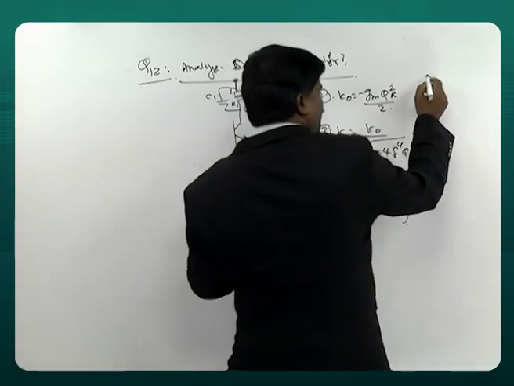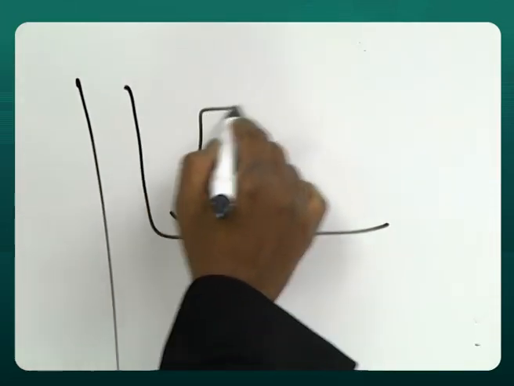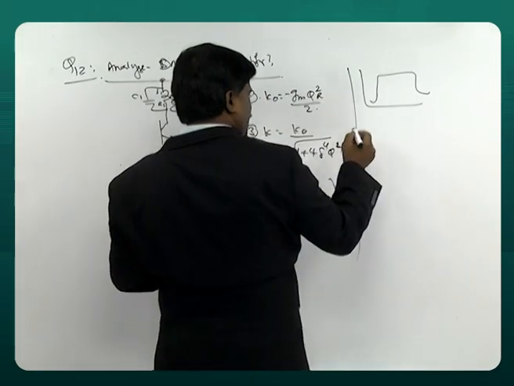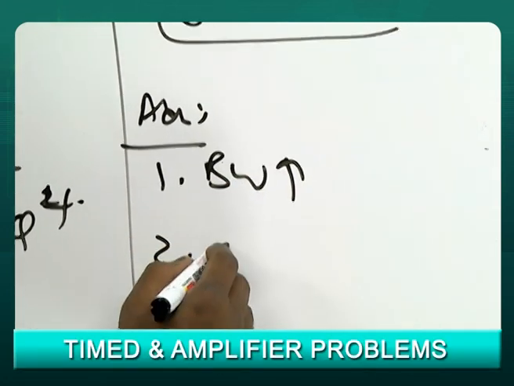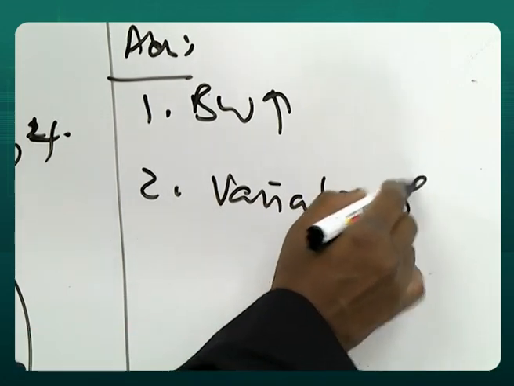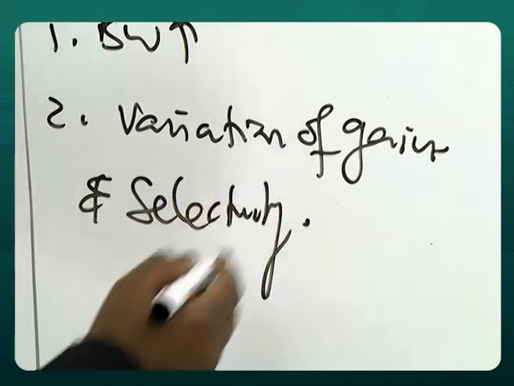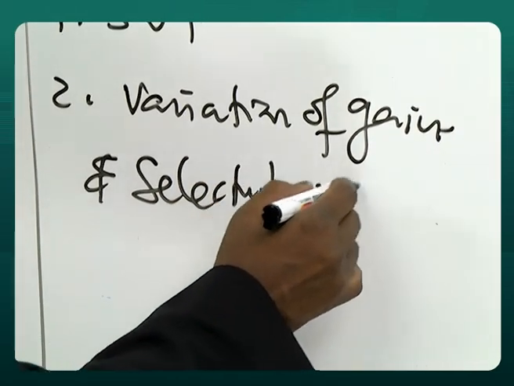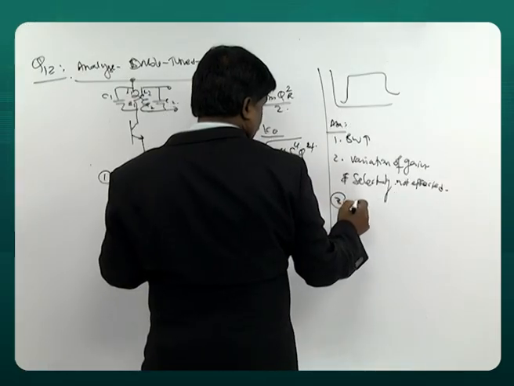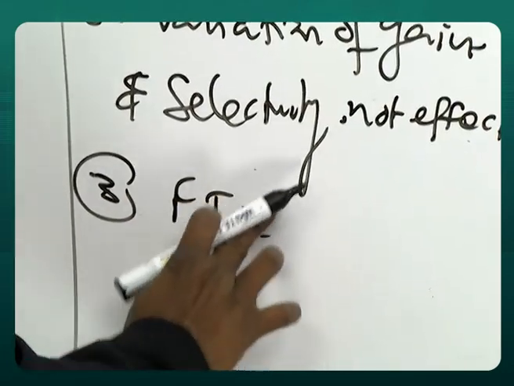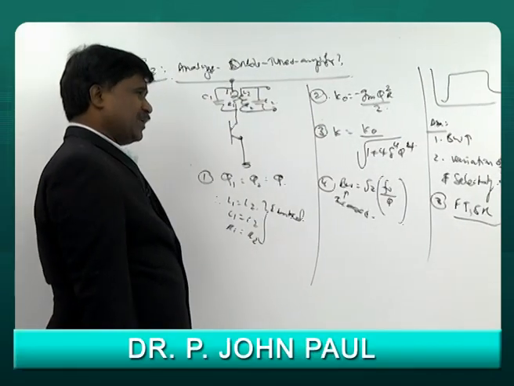And if you see the shape of the curve, it is like this. Therefore, advantages: bandwidth is more, variation of gain and selectivity not affected, flat top skirt response is there.